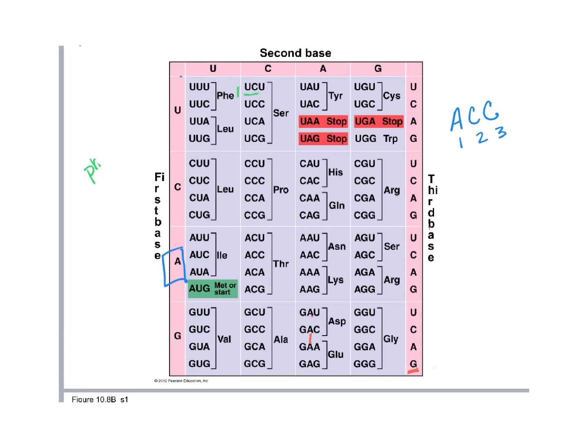So you're going to go all the way over to the C. And for the third base, you go back down the columns. And so in this case, we're going to go down to the C. Right here, and that brings us to ACC.